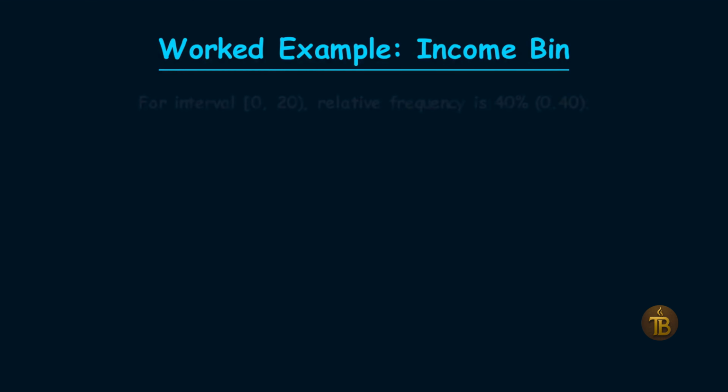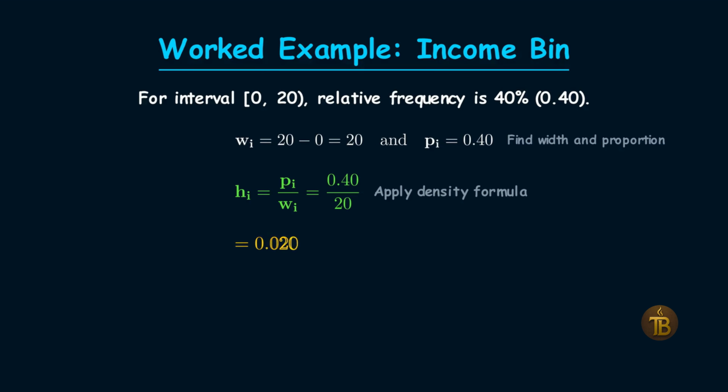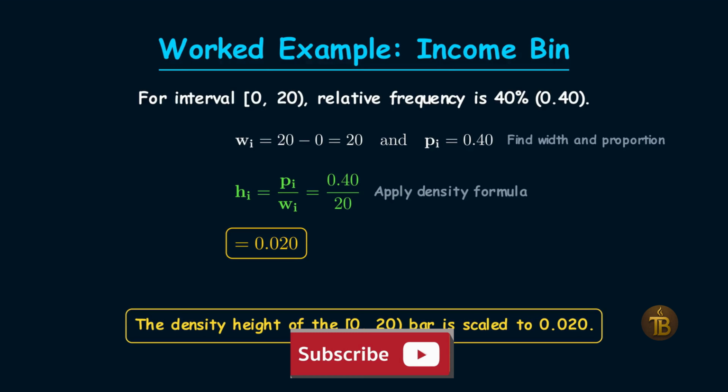Let's run worked example 1 for an income bin. For the interval from 0 to 20 with a relative frequency of 40%, the width, w sub i, is 20, and the proportion, p sub i, is 0.40. Dividing 0.40 by 20 gives a density height of 0.020.